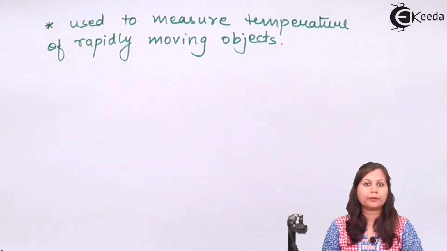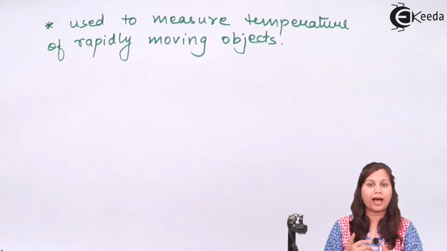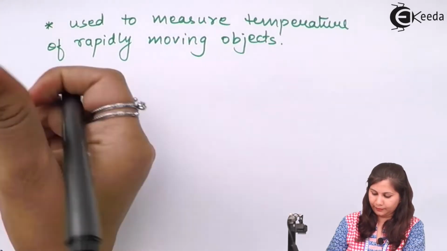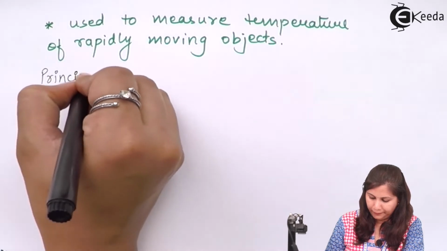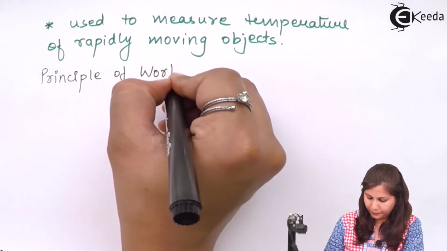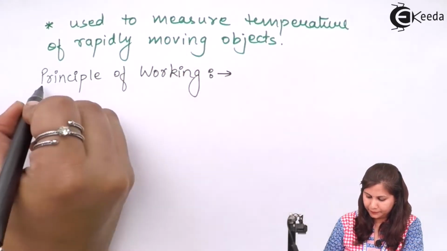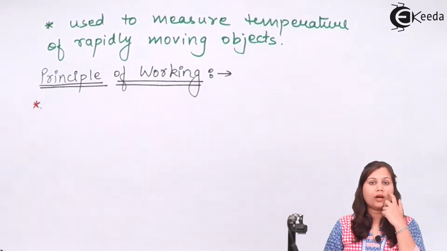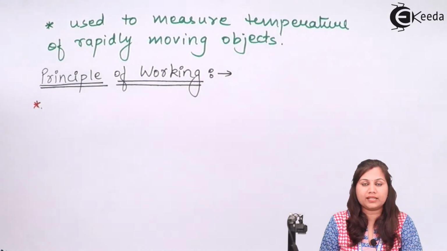Now let's come to the principle of working of the radiation pyrometers, that is, how they measure the temperature of an object. Whenever an object is heated, it is going to radiate or emit some type of energy.